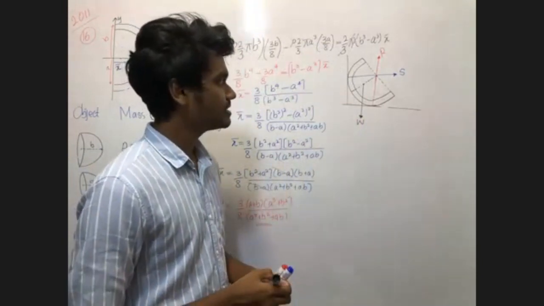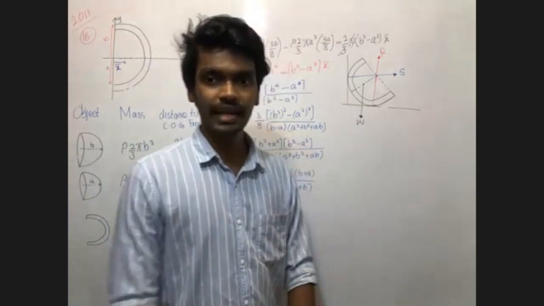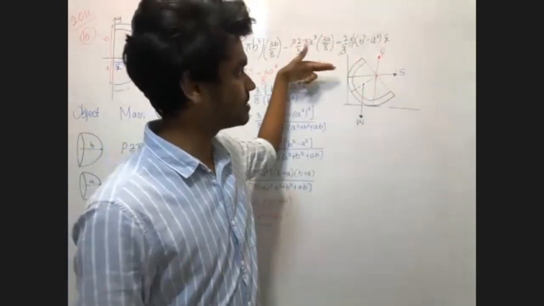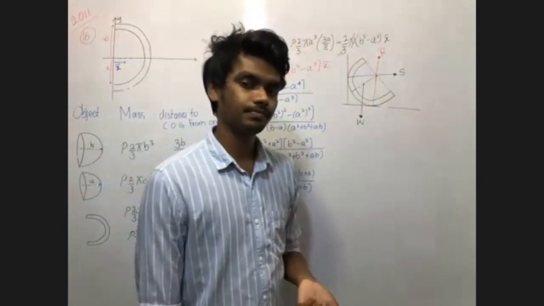What else? Are these the only forces? Can this be in equilibrium like this? Upward, downward, there's no other force to balance this. It can't be in equilibrium.